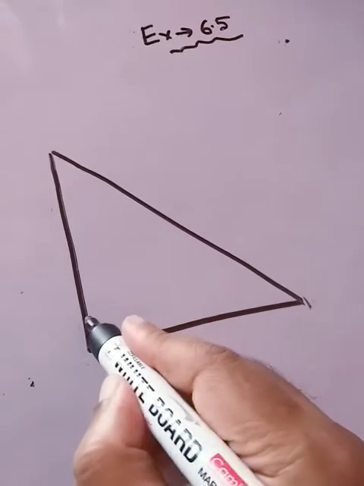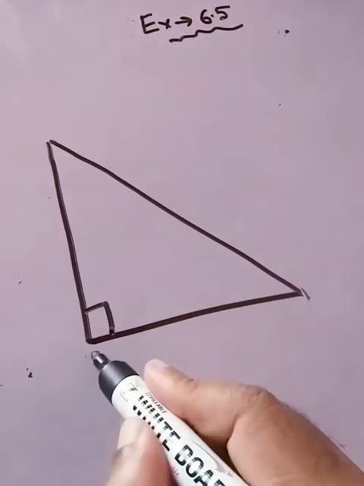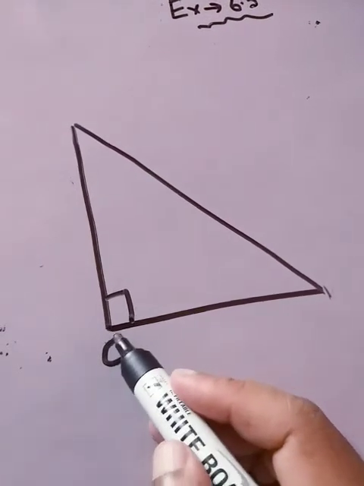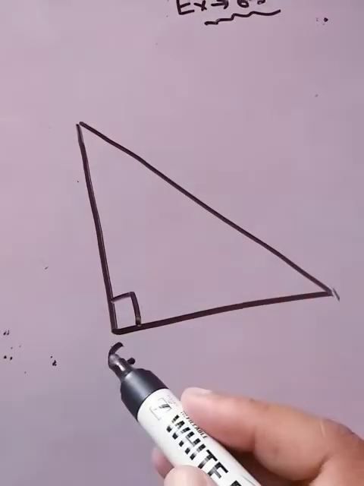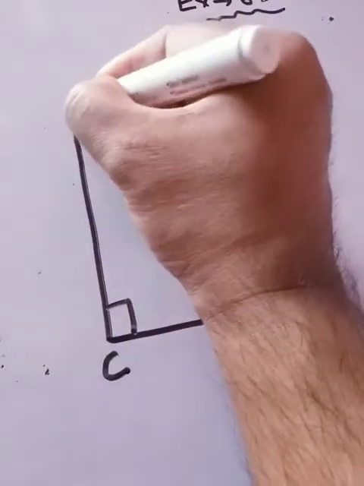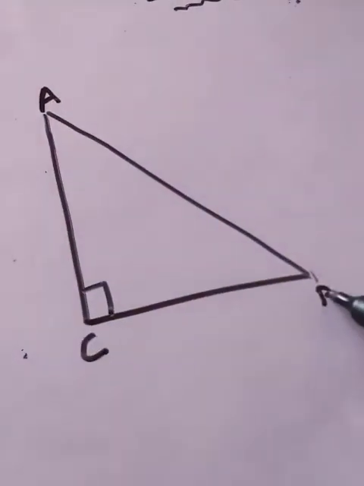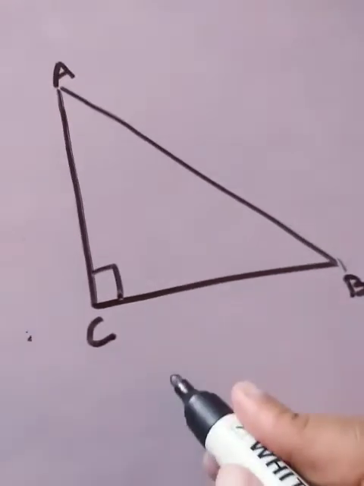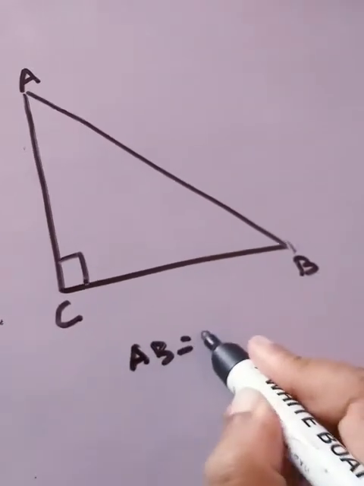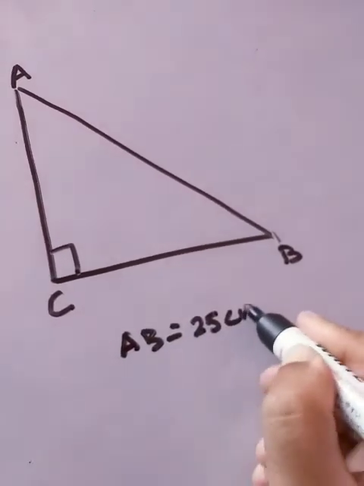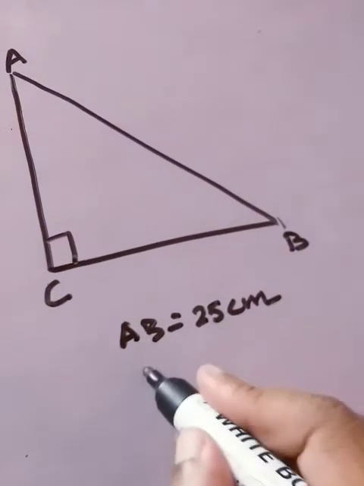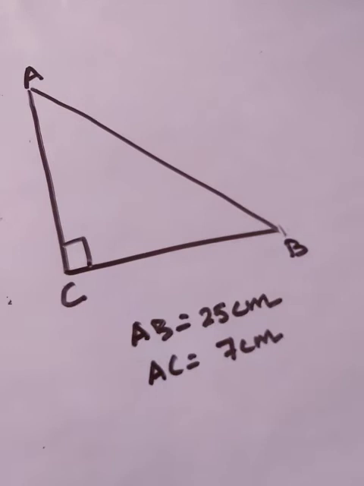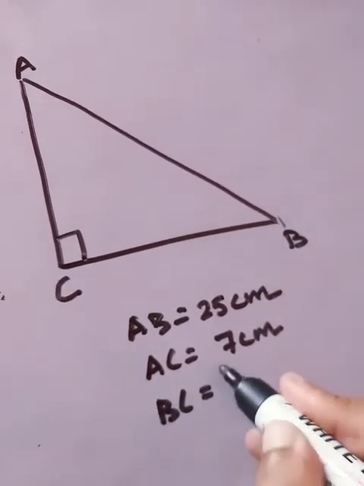The right angle is here at C. The name of the triangle is ABC, but they have said right angle at C. Now they have given some dimensions: AB equals 25 centimeter, AC equals 7 centimeter. You have to find out BC.